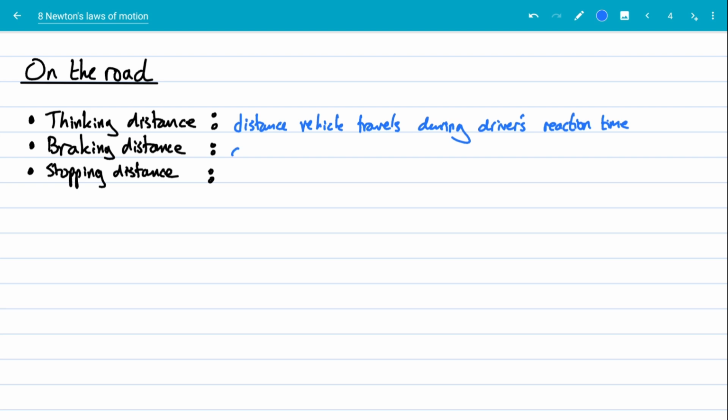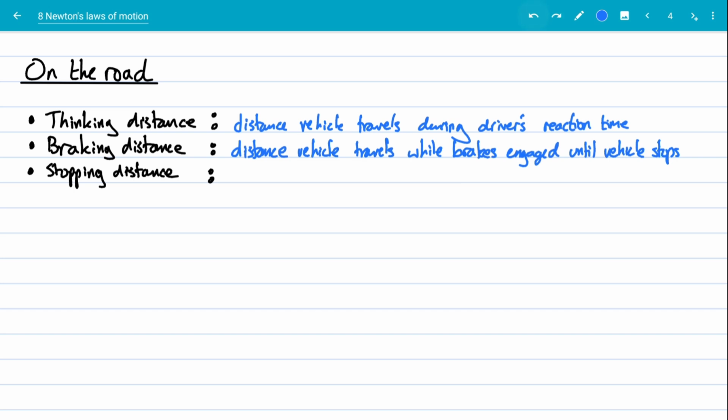What's the braking distance? Well, that's the distance the vehicle travels under the braking force, or we should say while the brakes are engaged, until the vehicle stops. It assumes constant braking force, which isn't always the case.